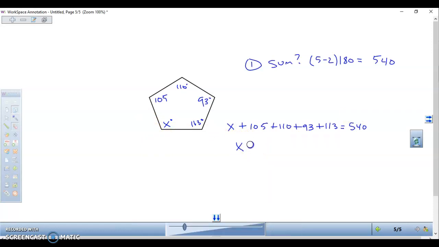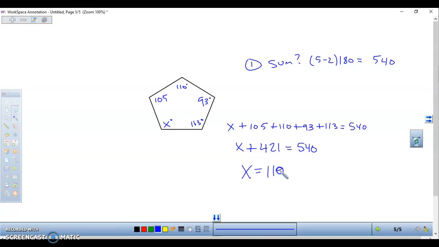So, 105 plus 110 plus 93 plus 113 is 421. So x plus 421 is equal to 540. Then we'll simply subtract 421 from both sides, and I get that x is a 119 degree angle.